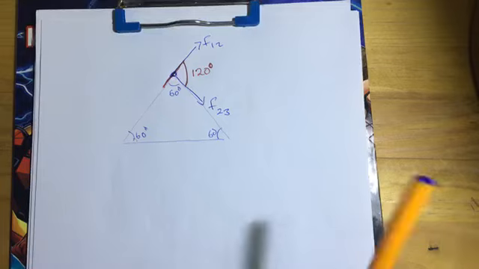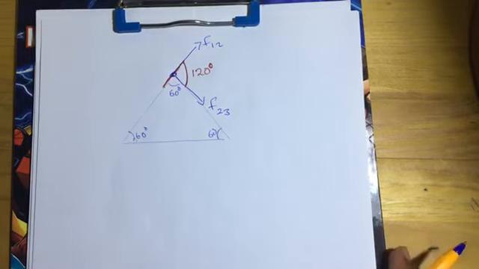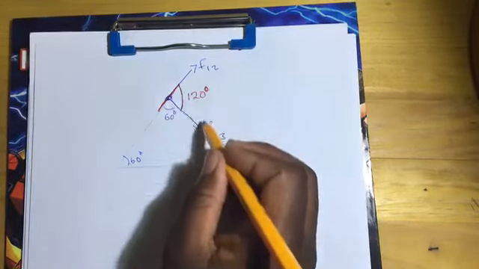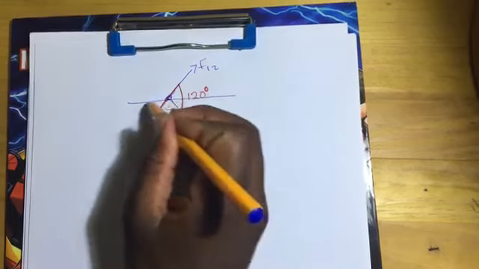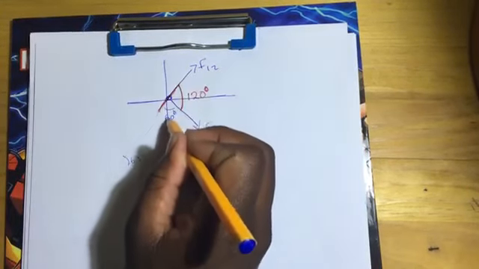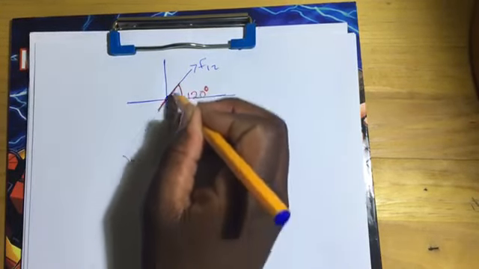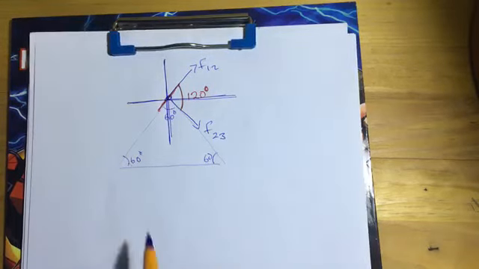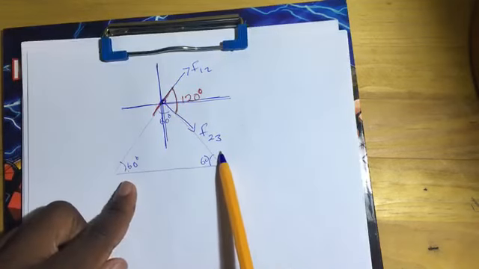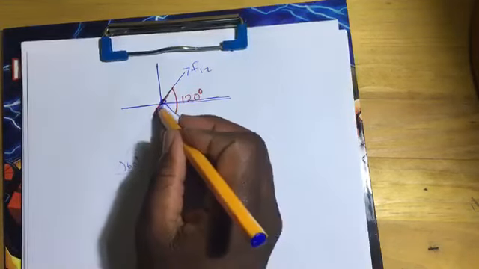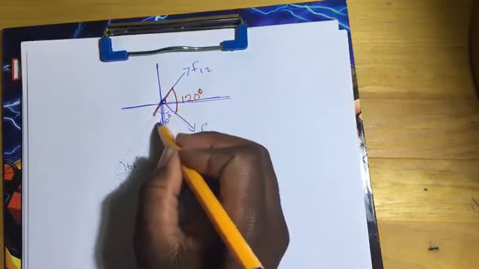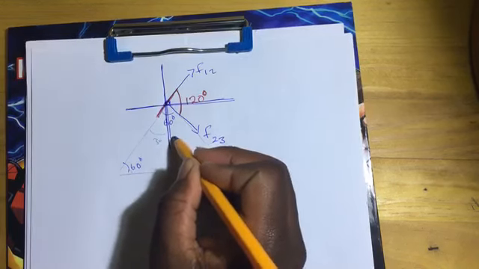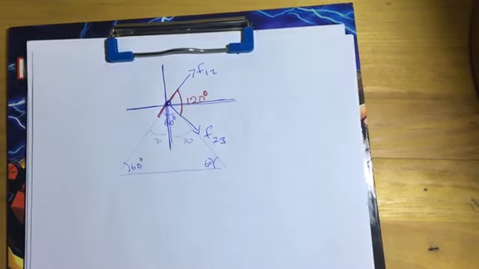Now, for us to do these calculations, each and every force has to have its angle being read from the positive x-axis. You see that? From the positive x-axis. Now, because this is an equilateral triangle, it means this 60 degrees here is being divided equally. This is going to be 30. This is also going to be 30 degrees.